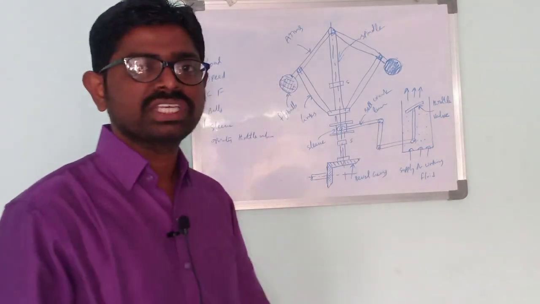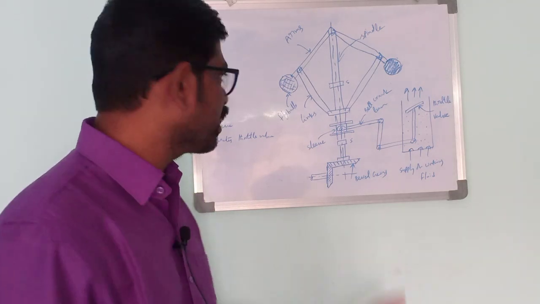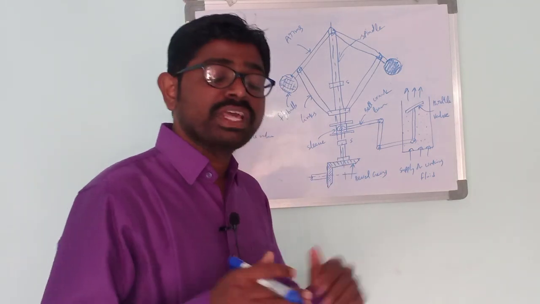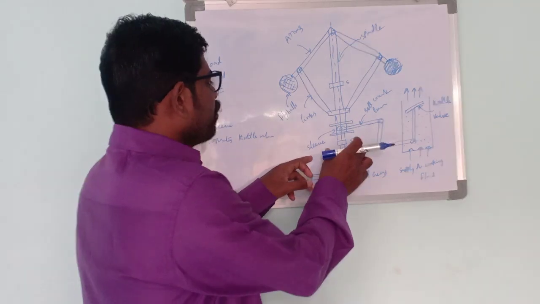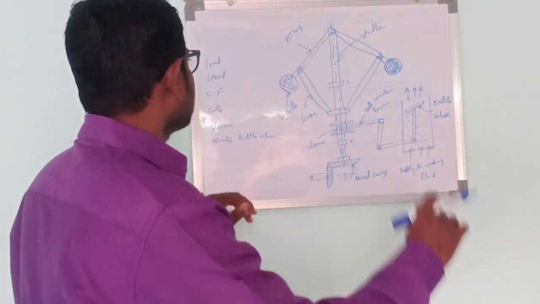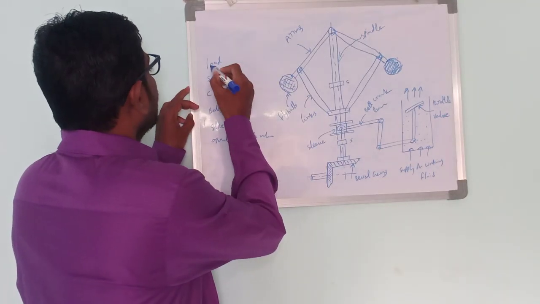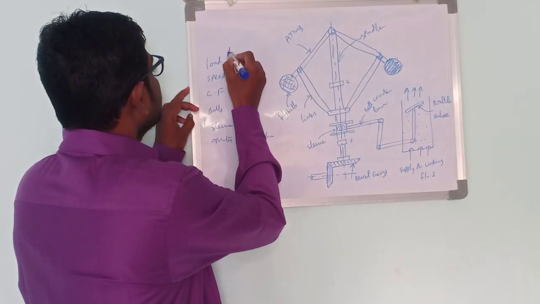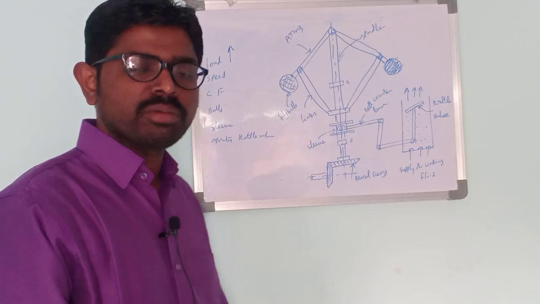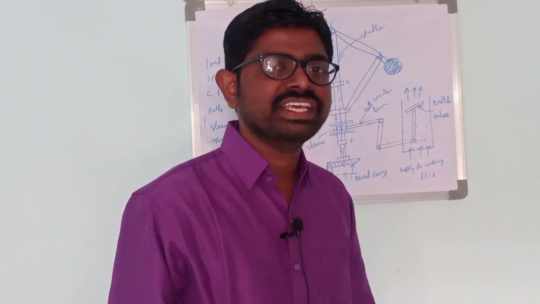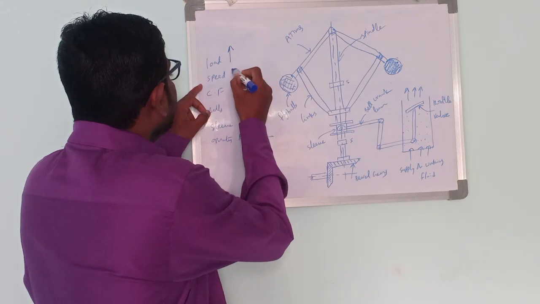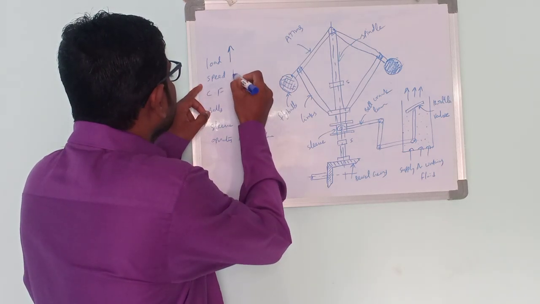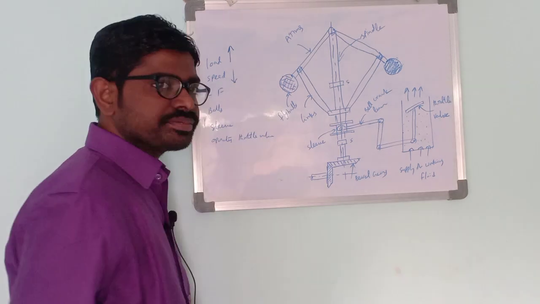So here we have seen all the parts of the governor. Now I will explain the working principle of the governor. For example, if the load on the engine is increased, then automatically the speed of the engine will be decreased.